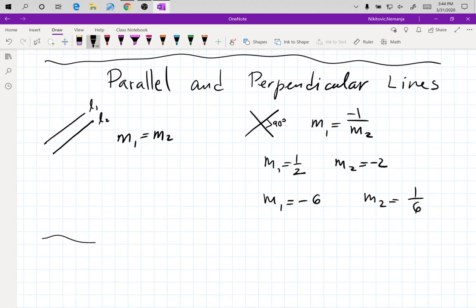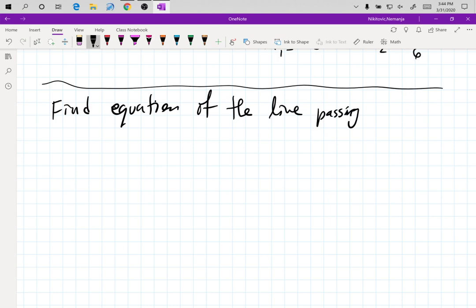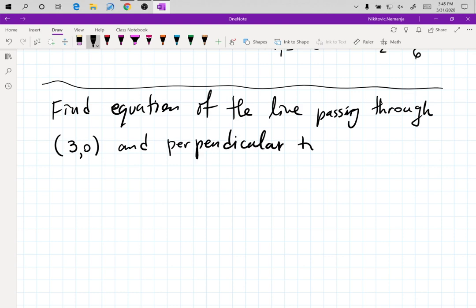So one of the problems, let's see. Find the equation of the line passing through (3, 0) and perpendicular to y equals -3/2 x.